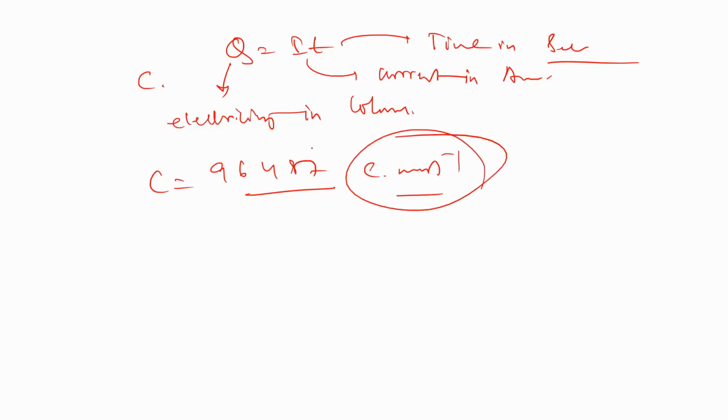Okay, so from that concept we will start in the next class. The next class will be the last class of electrochemistry. In the next class I will discuss conductance, which is very important, and also corrosion.